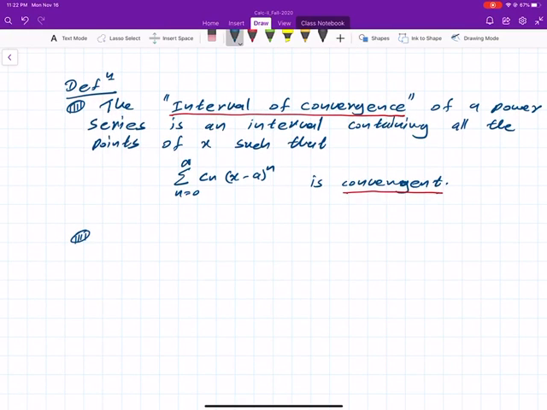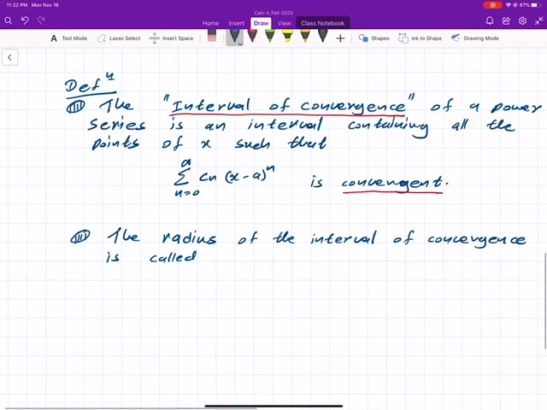The radius of the interval of convergence is called the radius of convergence.